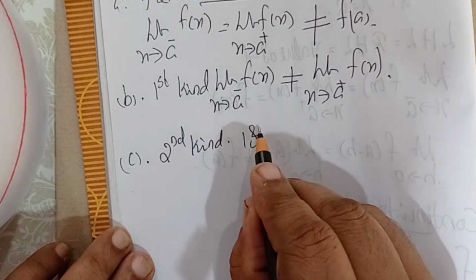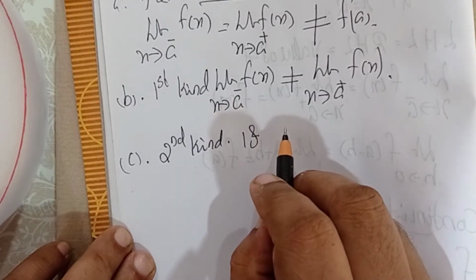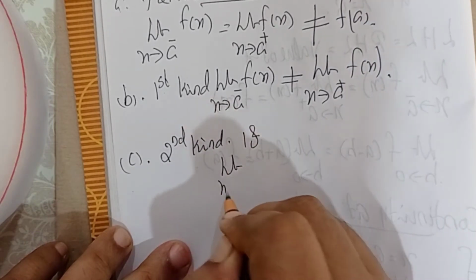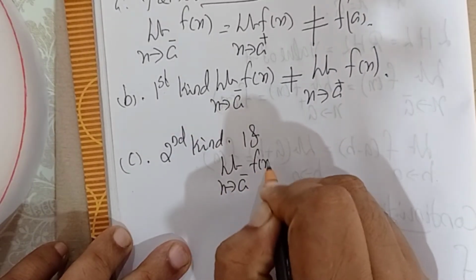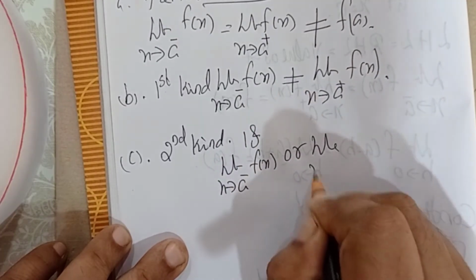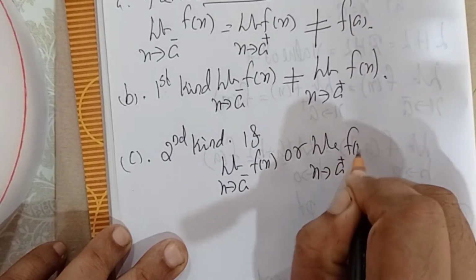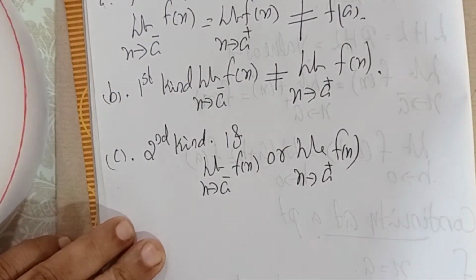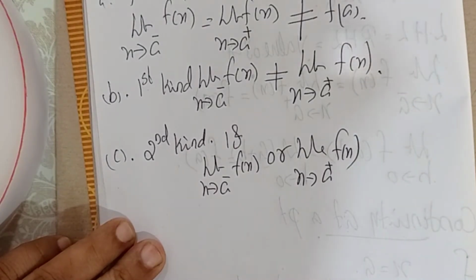If at least one of the limits, meaning limit x tends to a minus f(x) or limit x tends to a plus f(x), does not exist at x equal to a, then f has discontinuity of second kind.